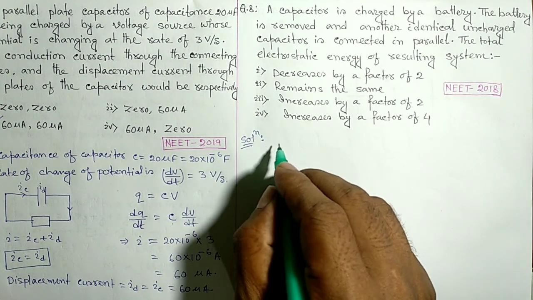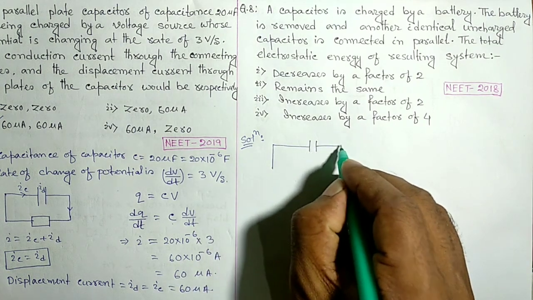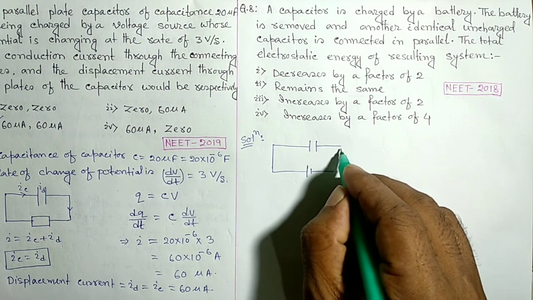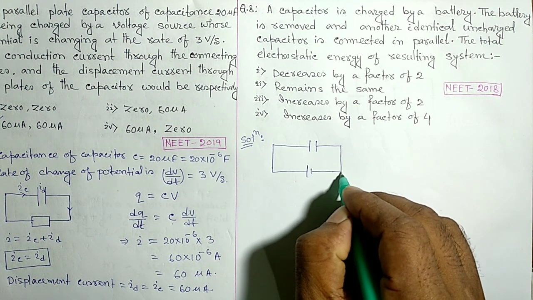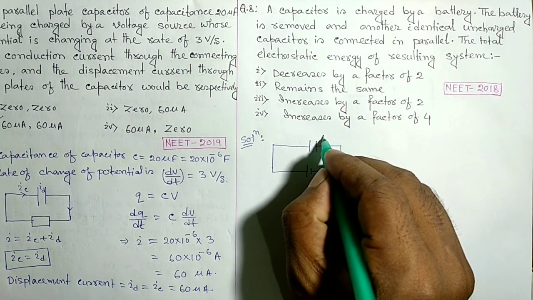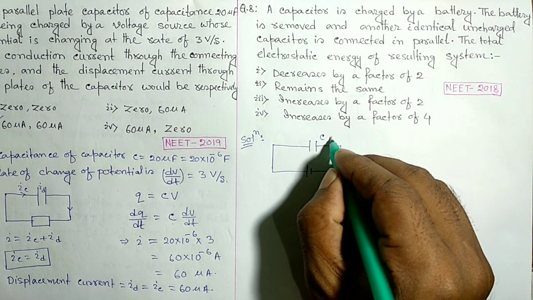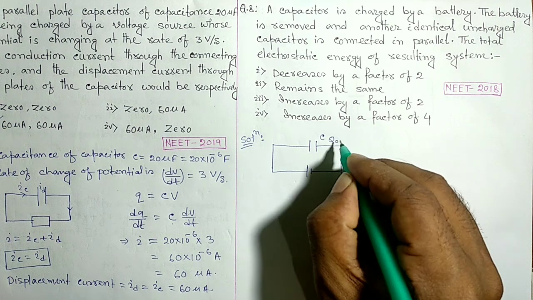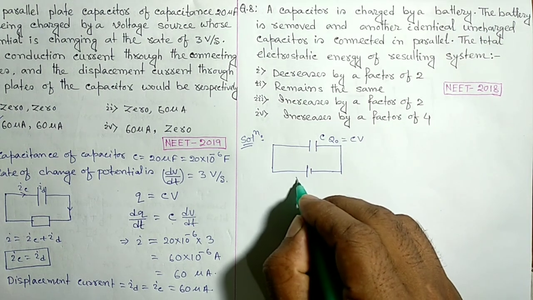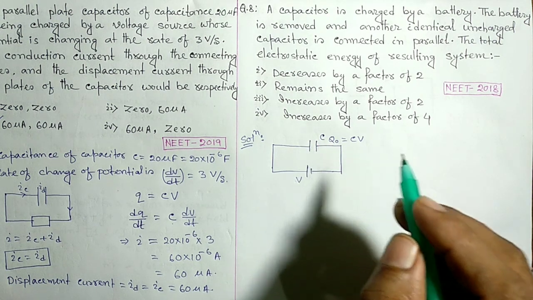First of all, consider a capacitor connected with a battery, whose capacitance is C, and the initial charge is Q naught, equal to CV, where V is the potential of the battery connected with the capacitor.